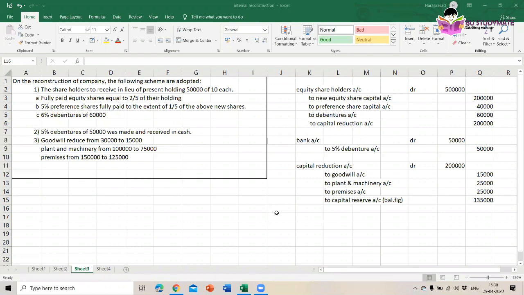The premises is from 1,50,000 to 1,25,000. So we have to deduct 1,50,000 minus 1,25,000. We will get 25,000. Okay. Okay, we will move to the next question.